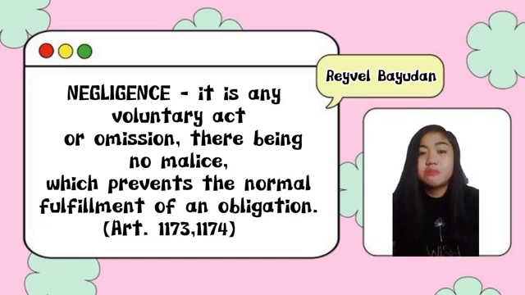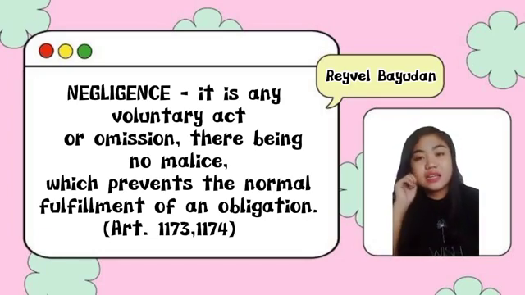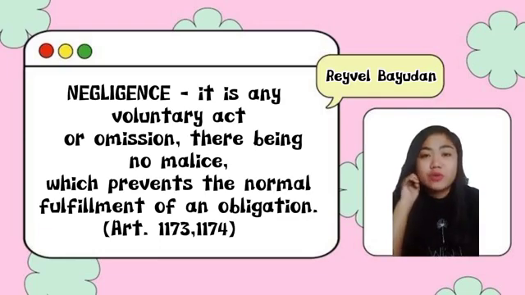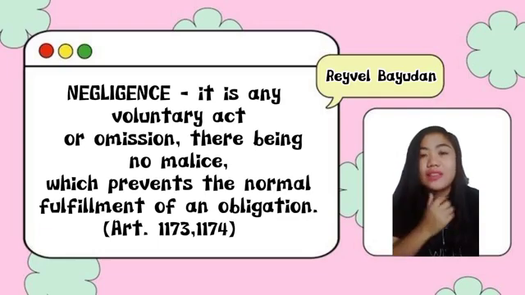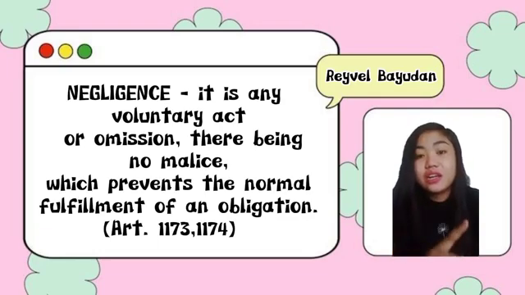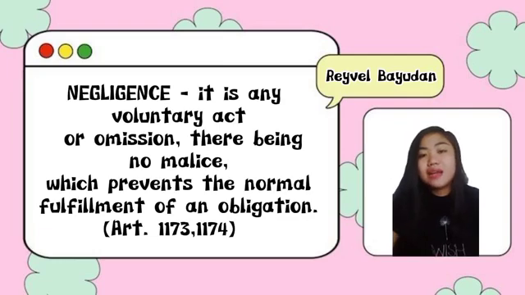And then, after niyang mag-mop, hindi niya nilagyan ng caution wet floor sign in which maraming customer na dumadaan and then there is one customer na dumaan and then na-fall siya or nadulas.